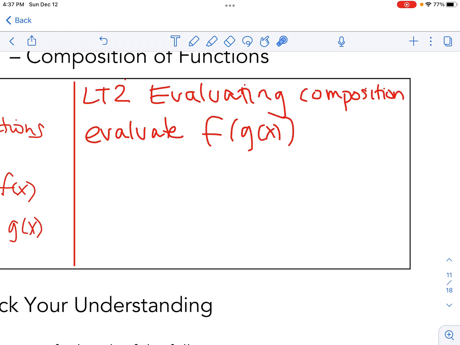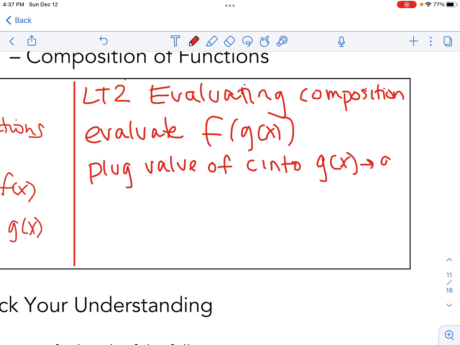Okay, so using this expression here, we can plug in a value for x. Let's call it c. So we can plug the value of c into g of x, and that will get us g of c.